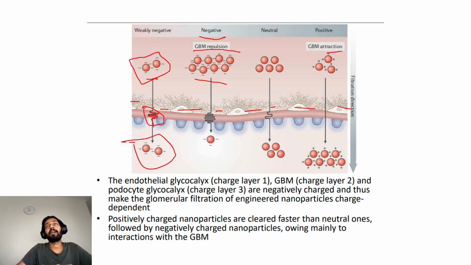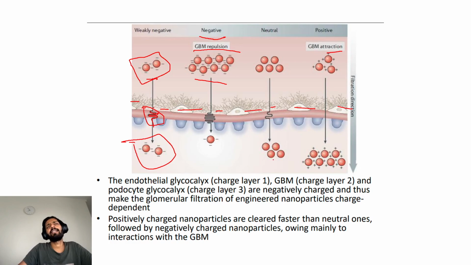Whereas positively charged particles, because the GBM is negatively charged, have significant attraction towards the GBM, as a result of which they're rapidly eliminated from the body. If you look at the arrows, the positively charged particles are straight away getting eliminated. Neutral particles take some time but get eliminated. Negatively charged particles take a significantly larger amount of time. Weakly negative particles take a lot more time than neutral particles, but not as much as negatively charged particles.